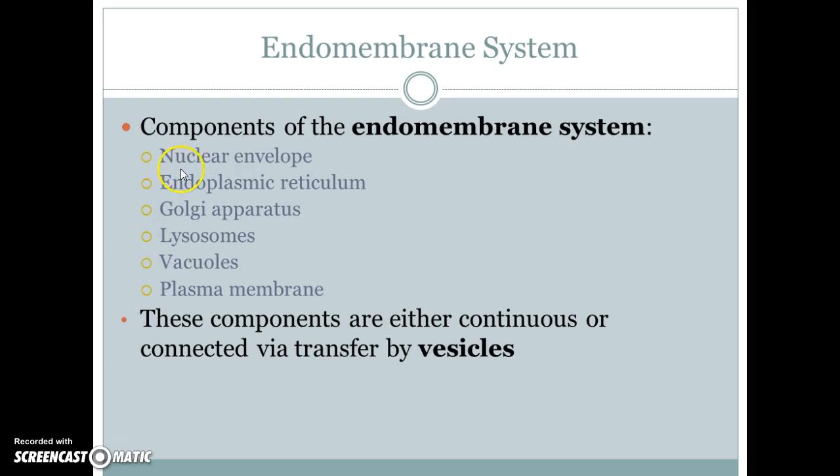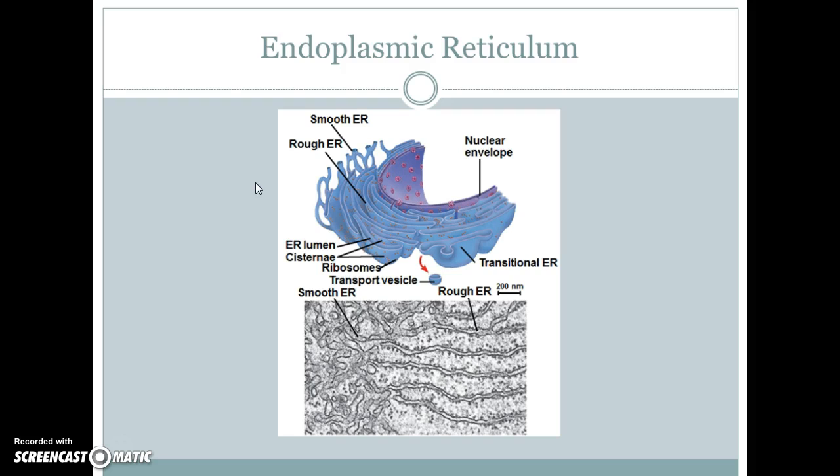The first on our list is the nuclear envelope, which we spoke of as it surrounds the nucleus. It has a lipid bilayer, and it has pores for things to get into or out of the cell. So we're going to move into the endoplasmic reticulum, which we can see is continuous with the nuclear envelope right here. The endoplasmic reticulum has 2 distinct regions, the rough ER and the smooth ER.